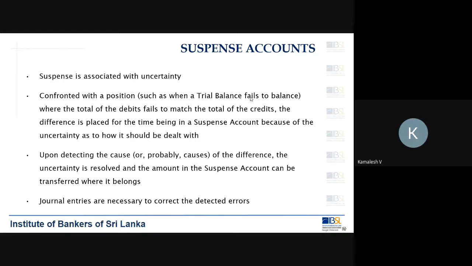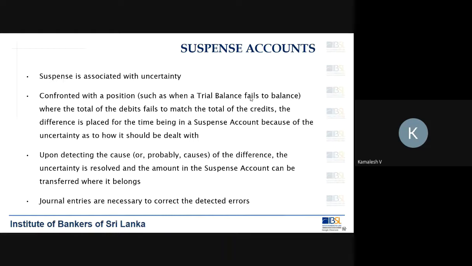That is at a higher level you do it in businesses. But generally, we expect that when trial balances have a difference, you park it in a suspense account, and subsequently you find out the errors that have caused this difference and you rectify them.